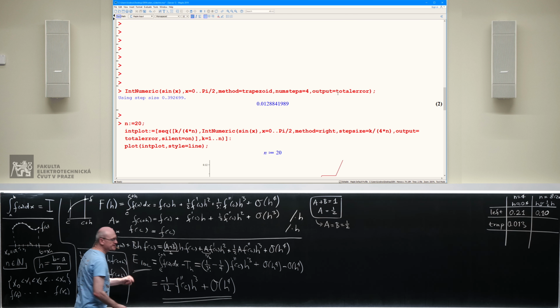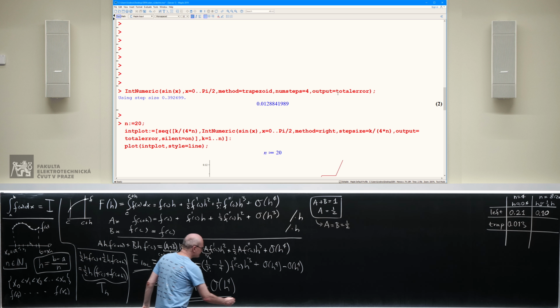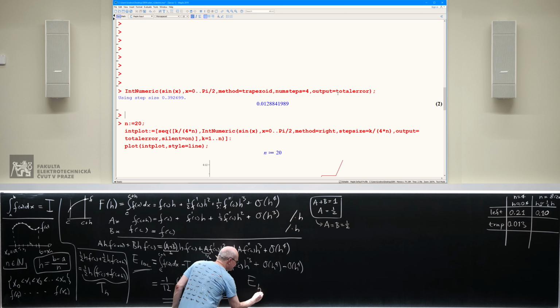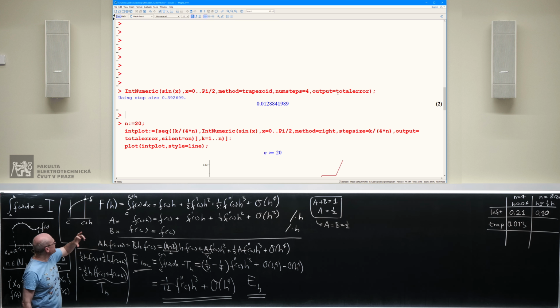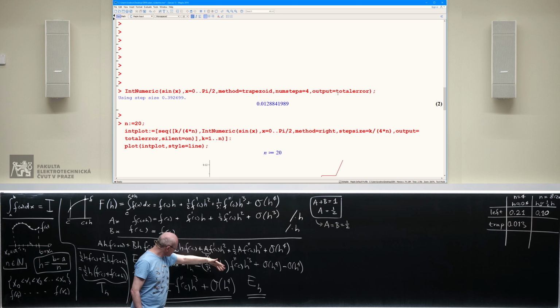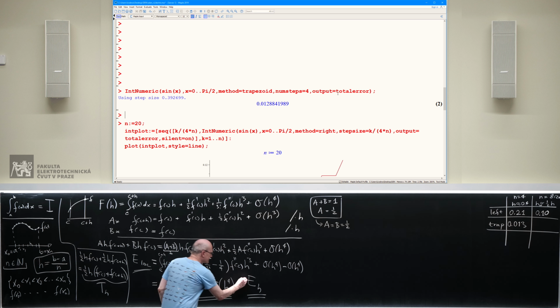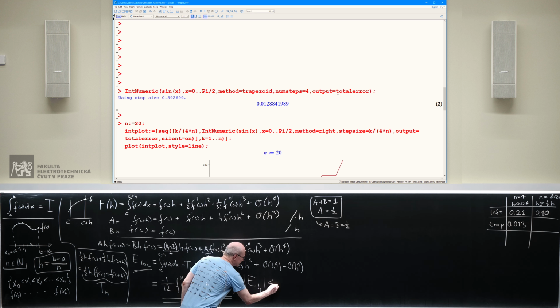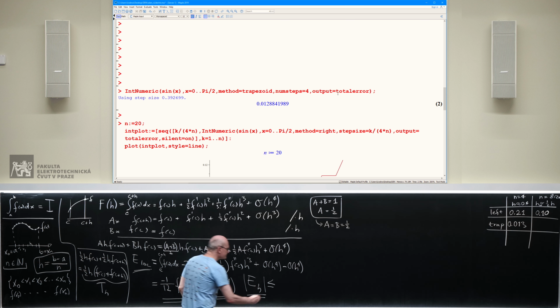And now we can do exactly the same calculation as we did for the rectangle method, which means we would look for the global error. We would write down the definition, split the integral into integrals over individual panels, factor out, estimate the second derivative by the maximal possible value, and then use triangle inequality to estimate that this is at most 1 over 12.